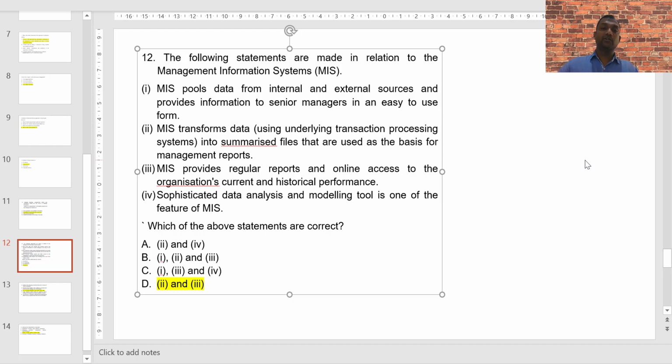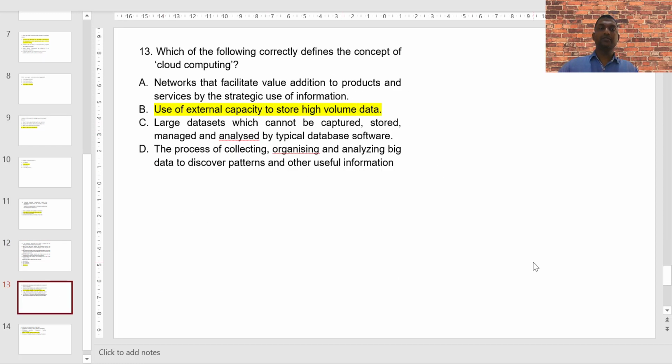Then we can't call that software an MIS software. It's an ERP, an overall software which has all these in it. So if you are looking at the MIS feature or MIS tool, then the second statement and the third statement are correct. Right.